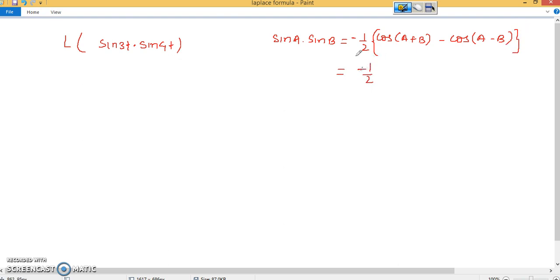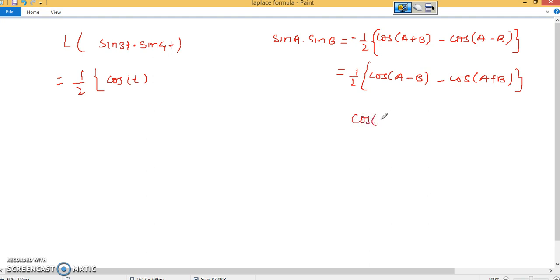If you multiply this minus, it becomes 1 by 2 cos of A minus B minus cos of A plus B. So we use the same formula. So here I can write 1 by 2 cos of A minus B, 3t minus 4t is cos of minus t, and cos minus t is cos t only, because you know that cos minus t is an even function, that is your cos theta only, minus cos of A plus B, which is 7t.